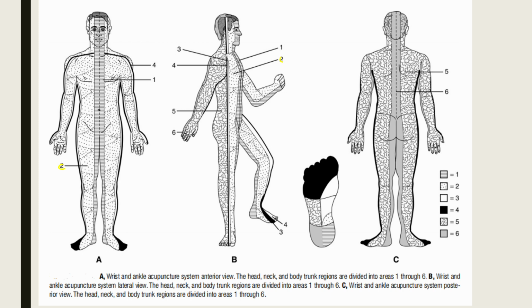Located bilateral to Area 1. Area 2 includes the temporal region of the head, cheek area, molar teeth, mandibular area, breasts, lungs, liver, costal areas, hypochondriac area, and lateral abdominal area.